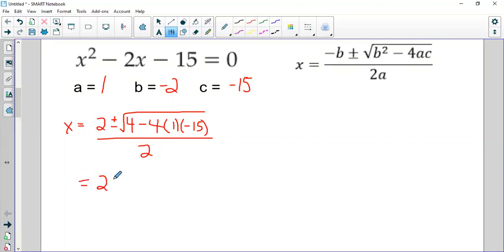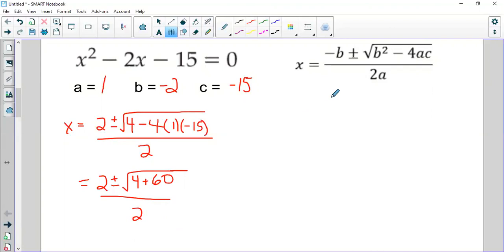First thing you have to do is compute inside the radical. See what that's going to give you. The square root of 4. Well, negative times negative gives you positive. 4 times 1 times 15 is 60. And that's all over 2.